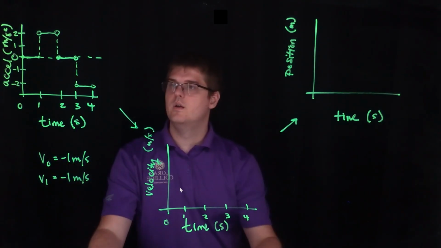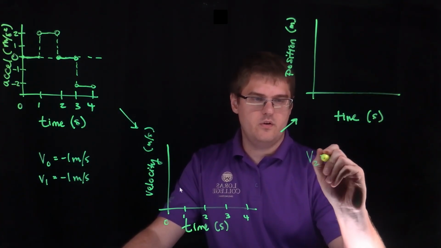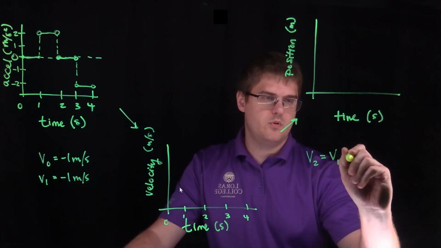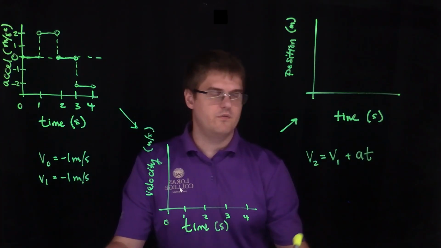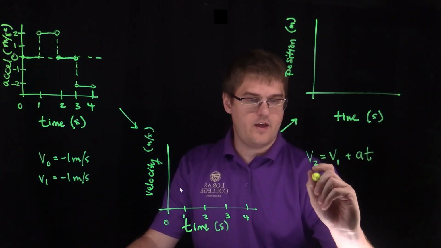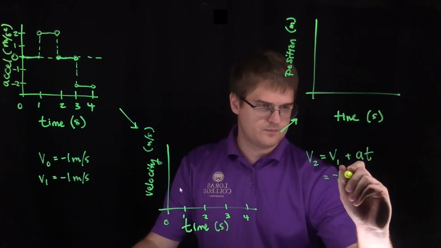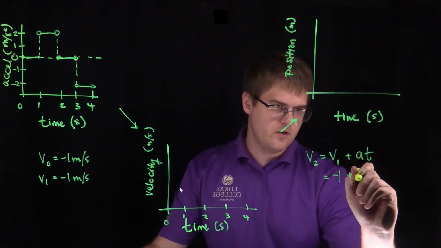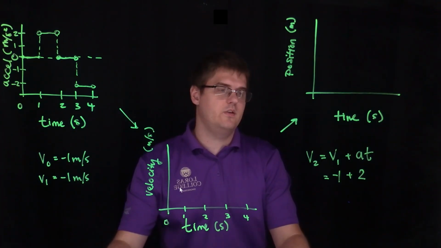Okay. Velocity at time 2. Velocity at 2 is going to be equal to velocity at 1 plus acceleration times time. Perfect. We can now say that velocity at 1 is -1. Acceleration is constant. It's 2 for that entire interval. We can only use this equation if acceleration is constant.